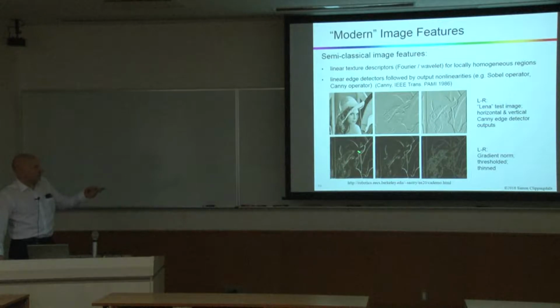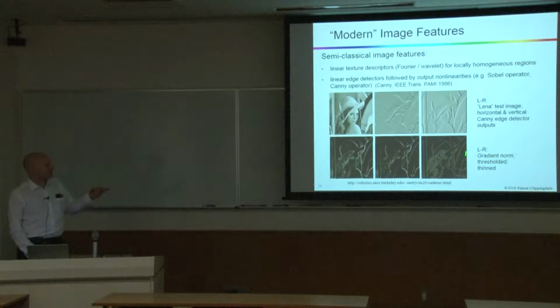Here's the output from an edge detector run on this image. The so-called Canny edge detector is the most famous one, and that is still used a lot today. If you look at the OpenCV open source computer vision package, you'll find all this stuff in it.